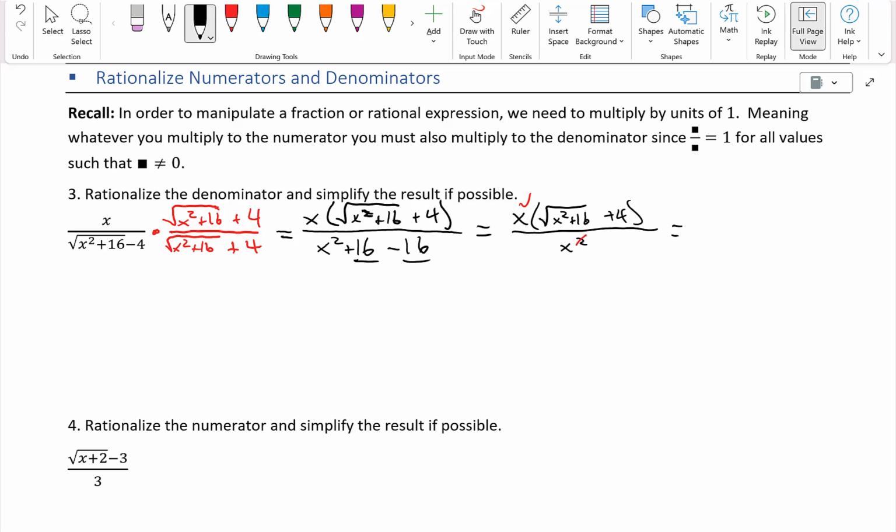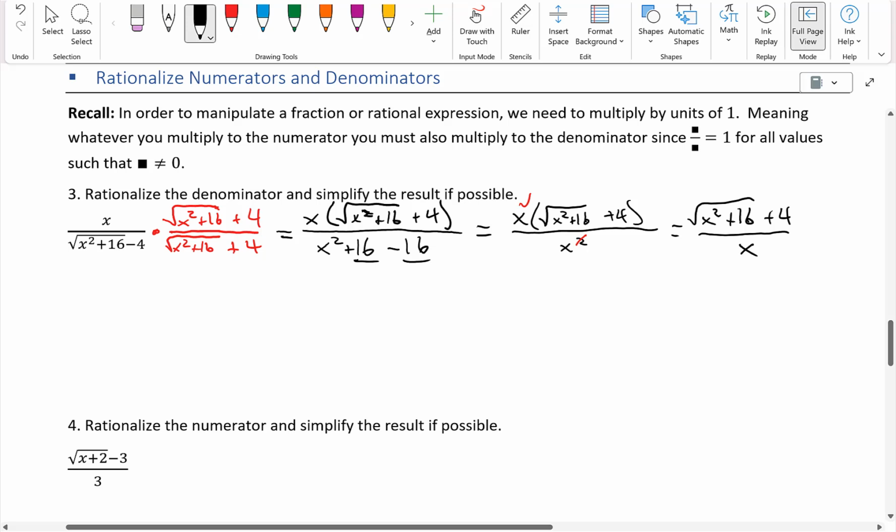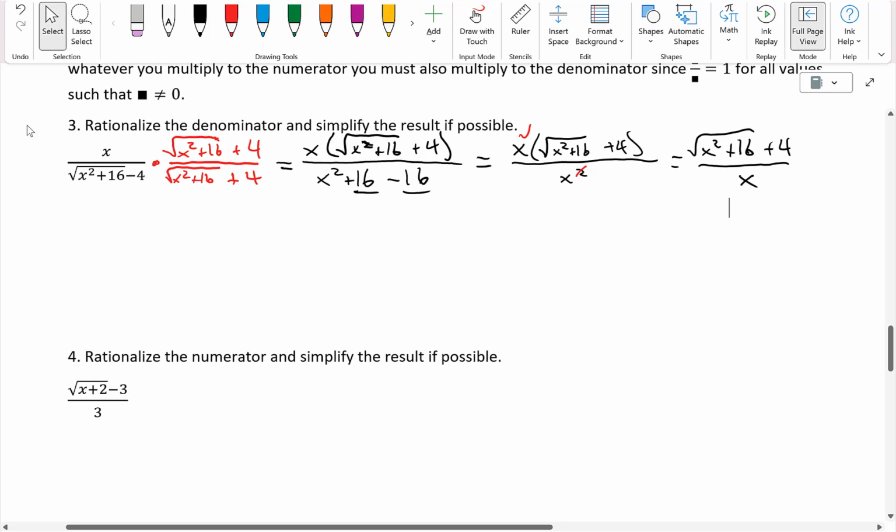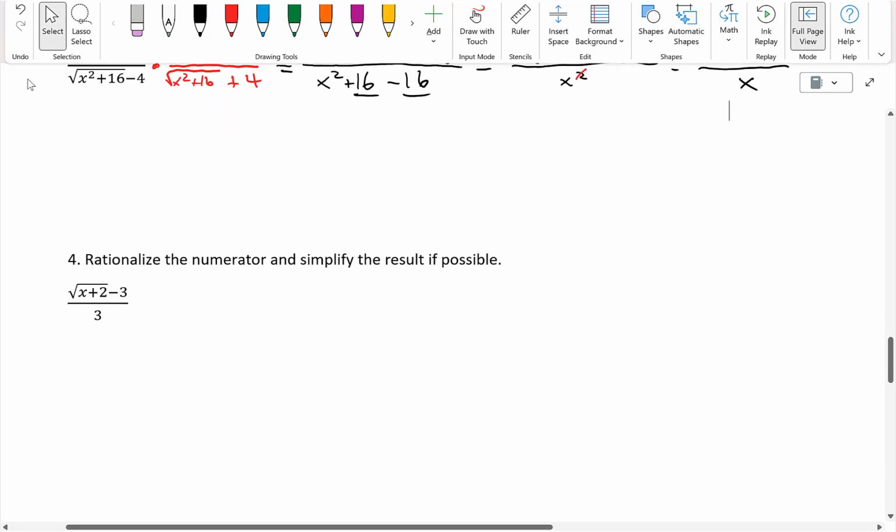And we're left with, for our final here, the square root of x squared plus 16 plus 4 over x. All right, reminder again, x squared plus 16, we have 2 terms underneath the radical. We cannot go term by term there. We would need the same value squared, and we can't factor that. So we are stuck.